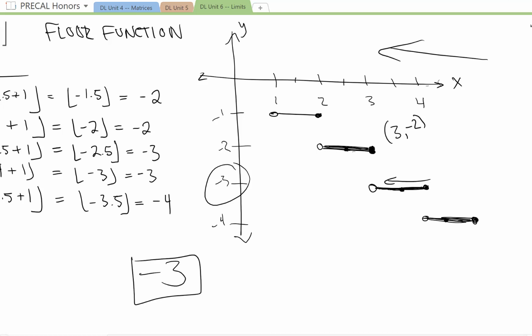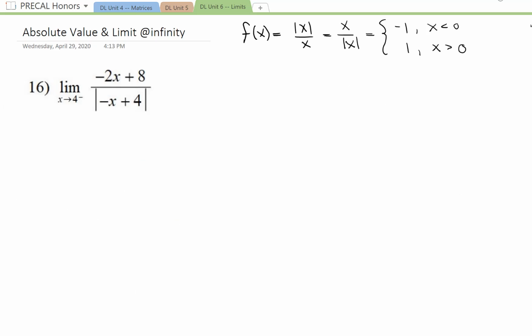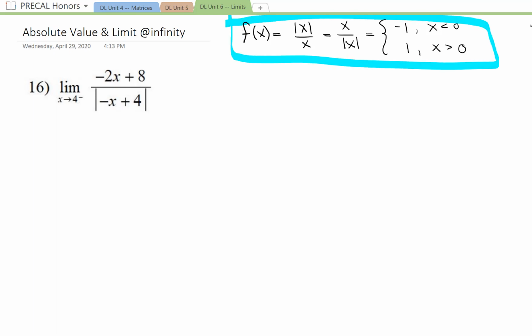And that's our limit. To find the limit of an absolute value function, we need to know this very important property. Absolute value functions are just two lines that meet at a point, and so we can always write an absolute value function as a piecewise, and this will help you find your limit.